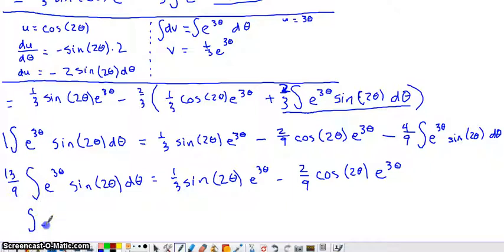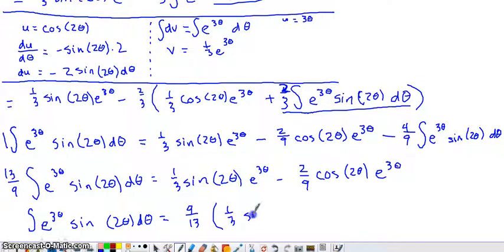So I'm going to claim that the original integral here is equal to exactly what I have here times the reciprocal of 13 over 9. So I'm going to multiply by 9/13. Same exact right-hand side of the equation is getting copied into this set of grouping symbols here.